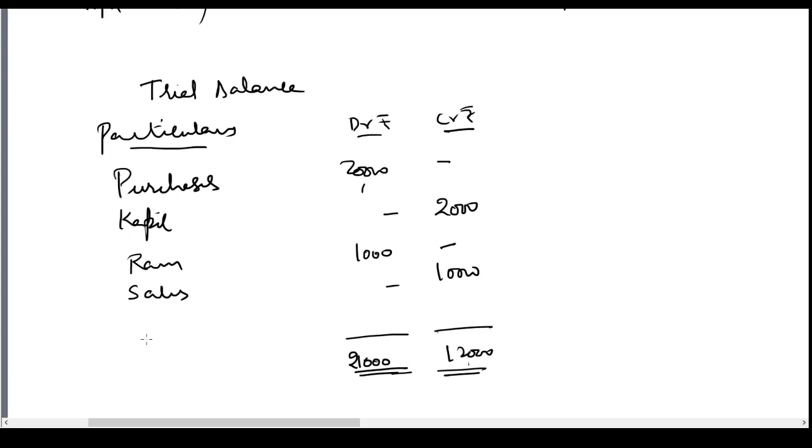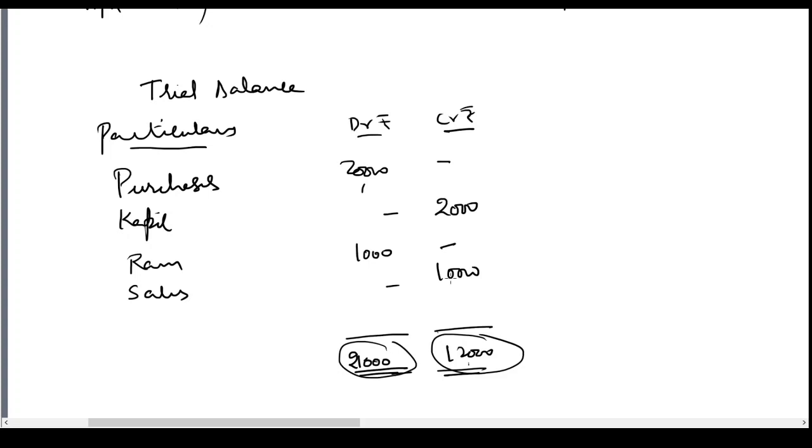So we have to make the credit side equal to this 21,000 at least so that the trial balance will look correct. It may not be correct, but it will at least look correct because the debits and the credits have to tally. To make both the sides tally, I have to put some balancing figure here in the trial balance.